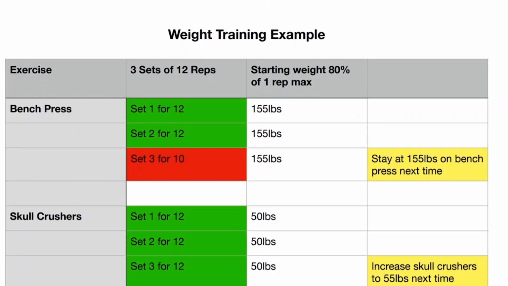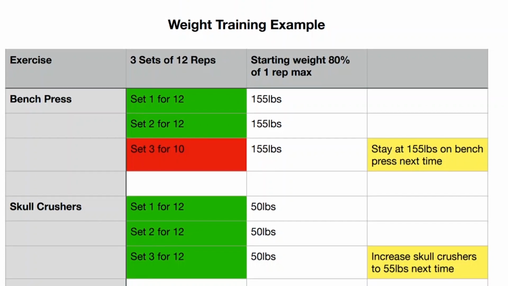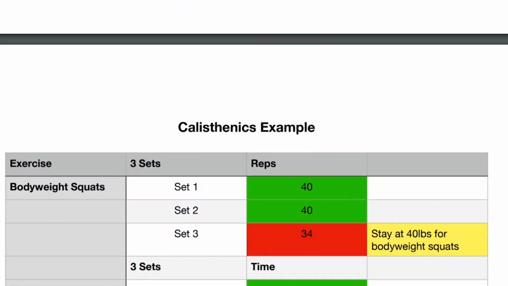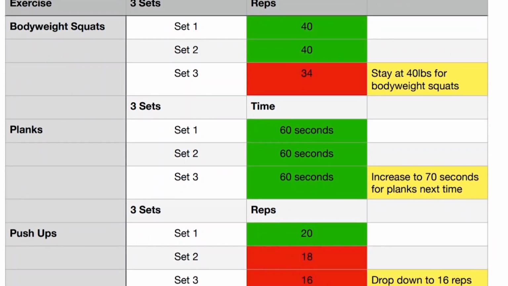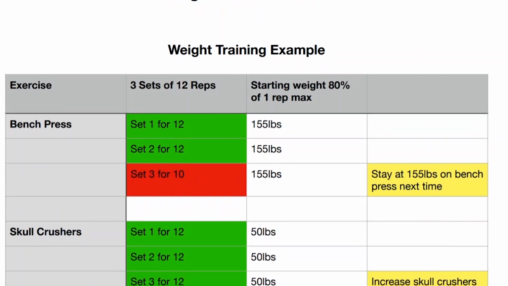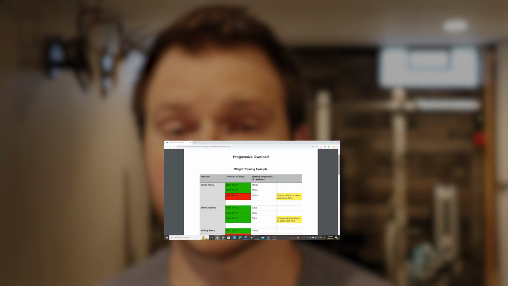So we'll go right to it, and I've got it pulled up here. I have 2 different examples here, and the reason for that is you'll see I've got a weight training example and then a calisthenic example. Depending on what you're trying to do or how you're working out, there are different ways to do progressive overload.